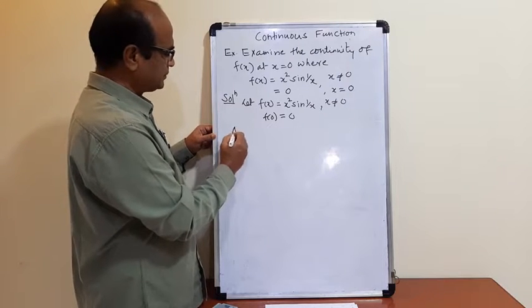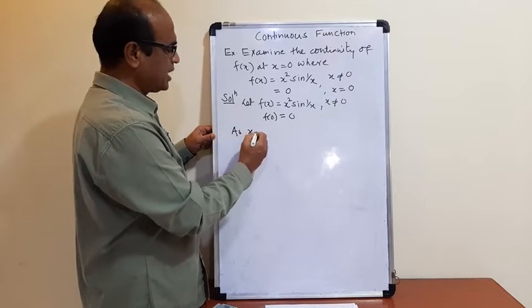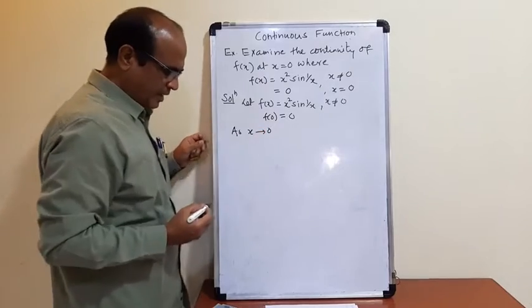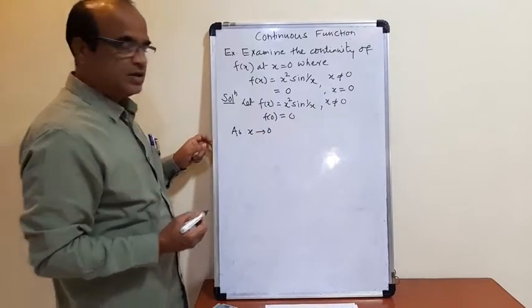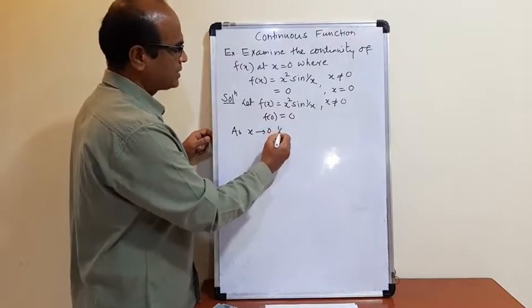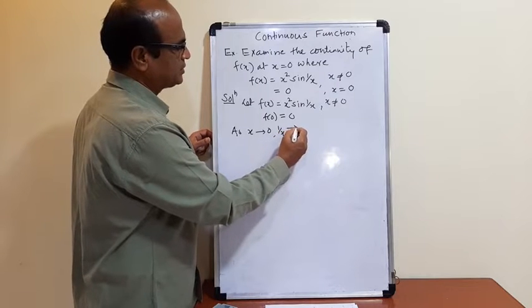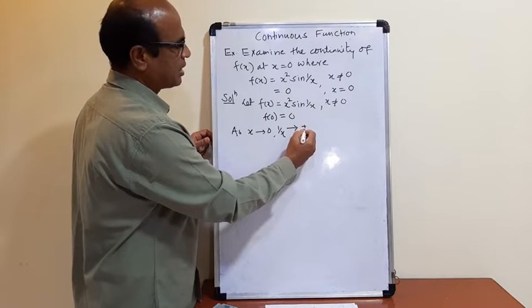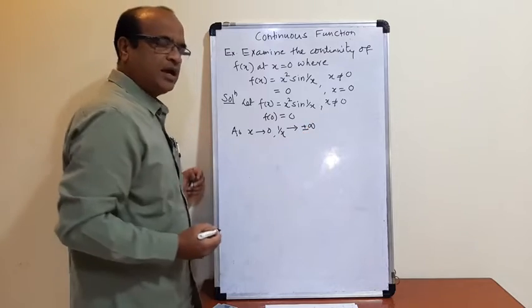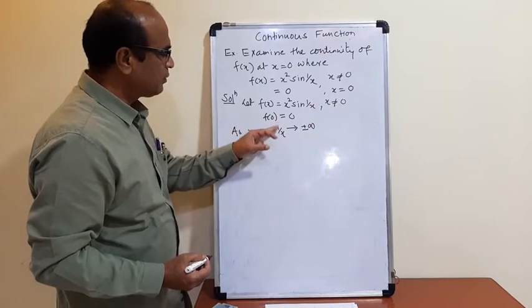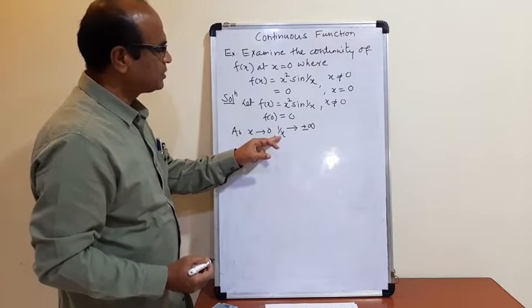As x tends to 0, then 1 upon x tends to plus or minus infinity. When x tends to 0, 1 upon x, that is 1 upon 0, is infinity.